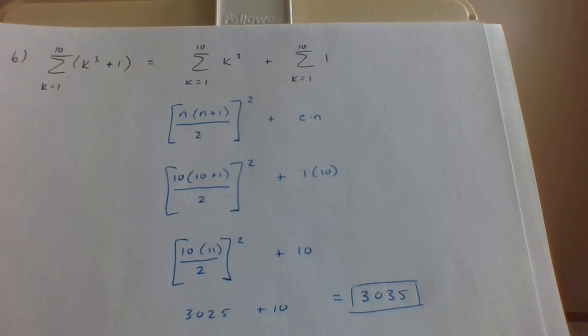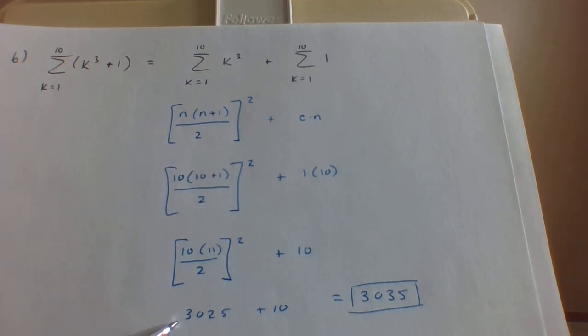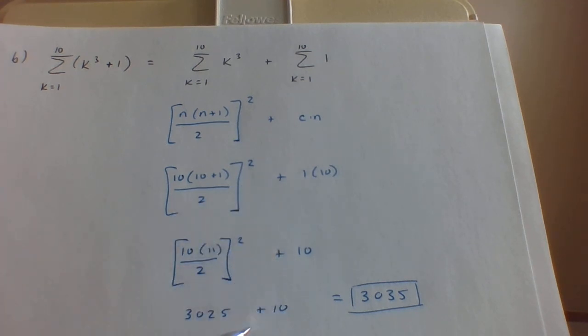So if we plug in the n value of 10 and that c value of 1, then when we simplify this piece, we should get 3,025. And 1 times 10 is just going to give us 10. When we add those two pieces together, our final answer for the summation is going to be 3,035.